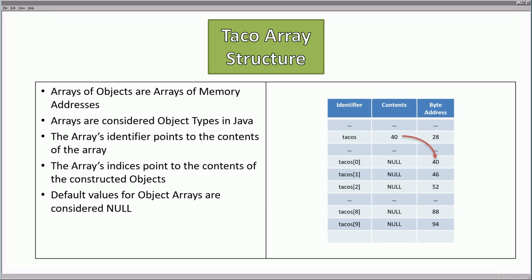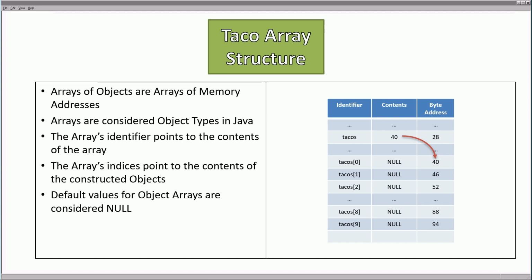So first of all, arrays are considered a special kind of object in Java. An array of objects is just an array of memory addresses. Now remember this, every time we've been creating a new instance of a class that we call an object, its identifier only holds a reference, a memory address. This is no different inside of arrays.